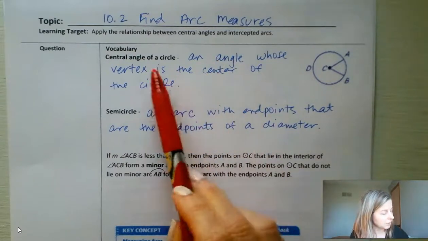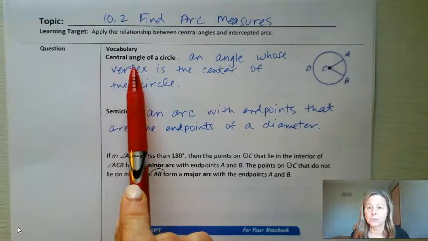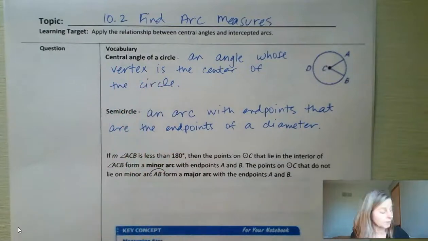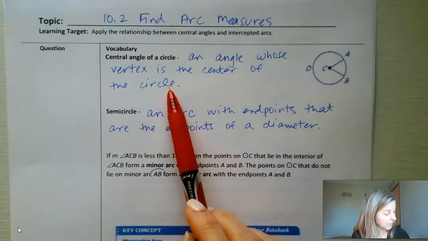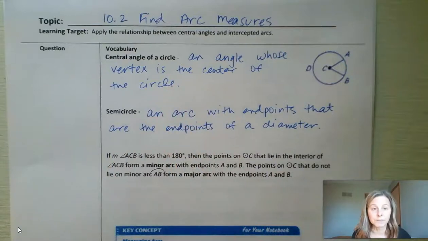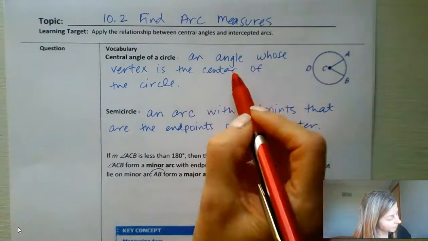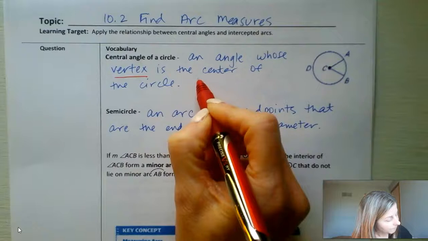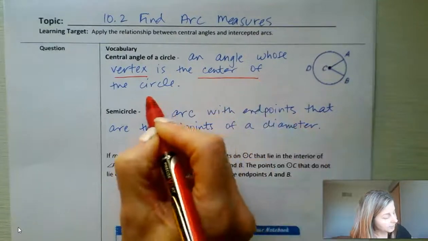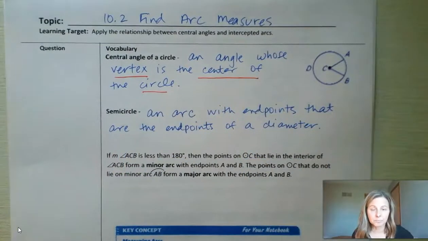The first definition is, what is the central angle of a circle? So the central angle of a circle is defined as an angle whose vertex is the center of the circle. I'm going to underline a few things while you jot that definition down. An angle whose vertex is the center of the circle.